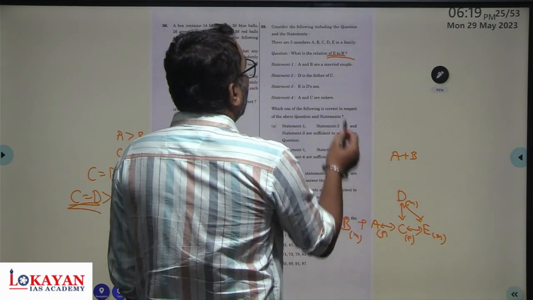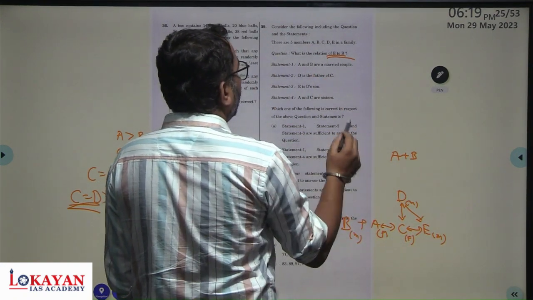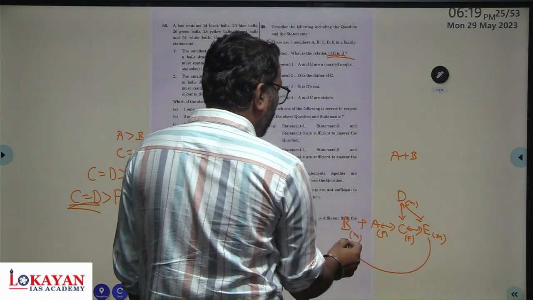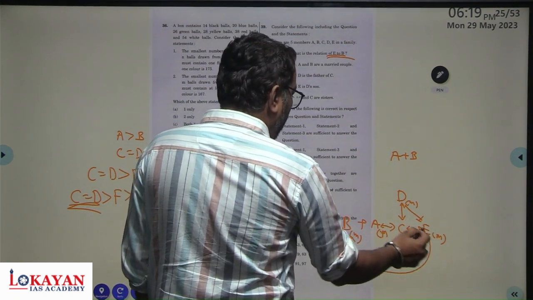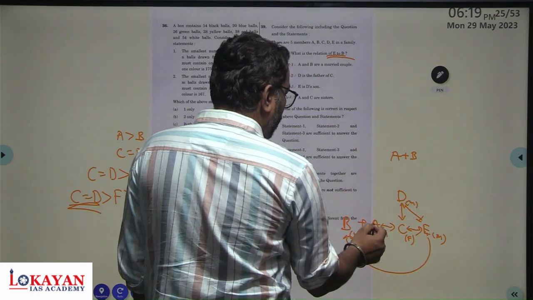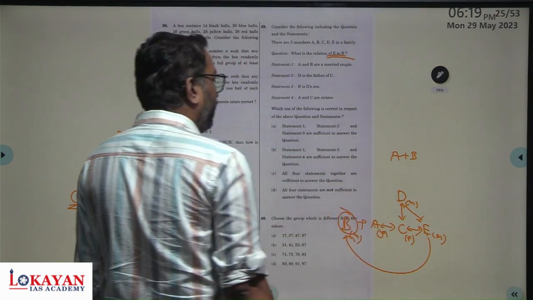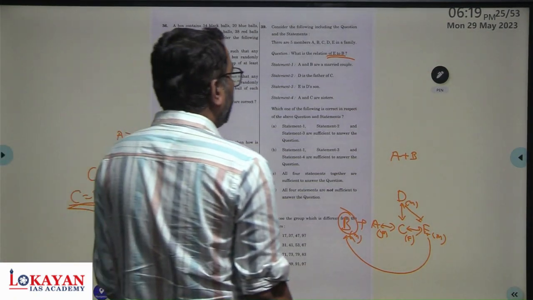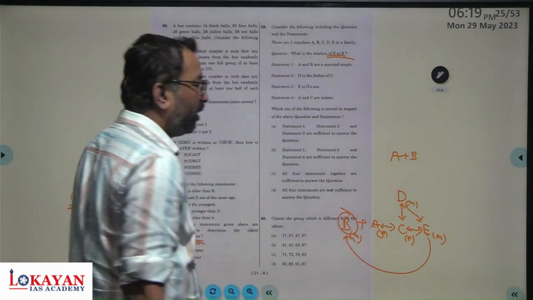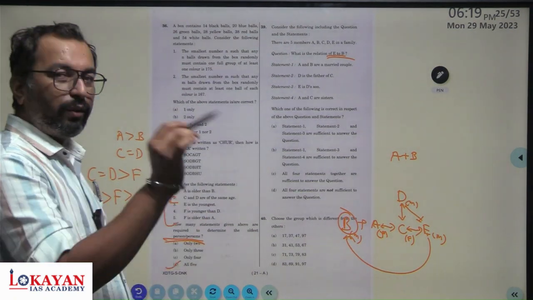So what is the relation of E to B? E का B से क्या relation होगा? E is a male, A is his sister. So B becomes his brother-in-law. Or in short, we can establish the relation between E and B here.